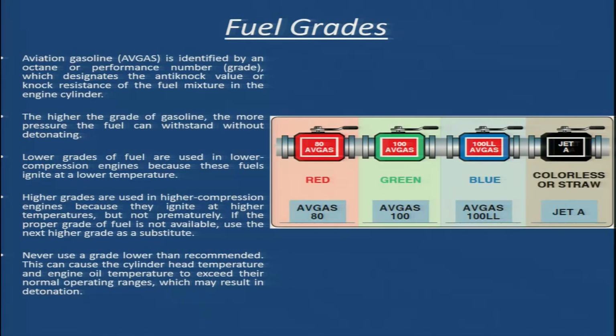Aviation gasoline, we call it avgas, is identified by an octane or performance number, that is grade, which designates the anti-knock value or knock resistance of the fuel mixture in the engine cylinder. We have read about this anti-knock value and the octane rating in our initial lecture of the fuel system.